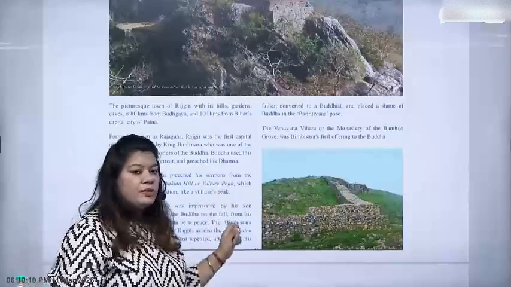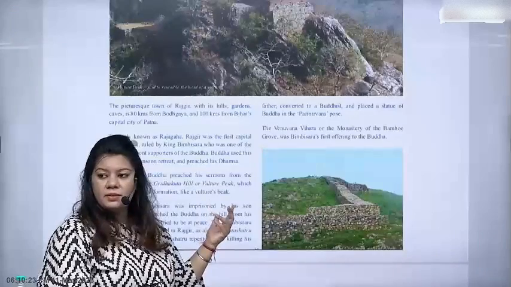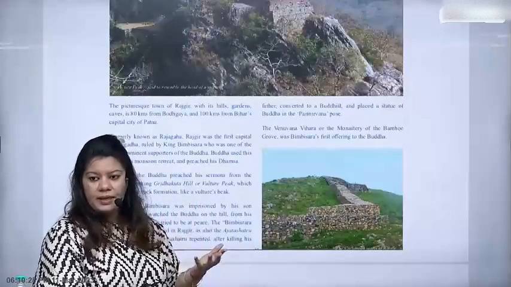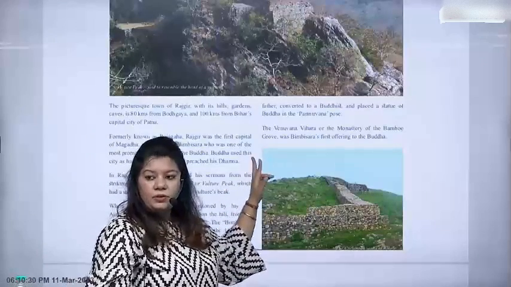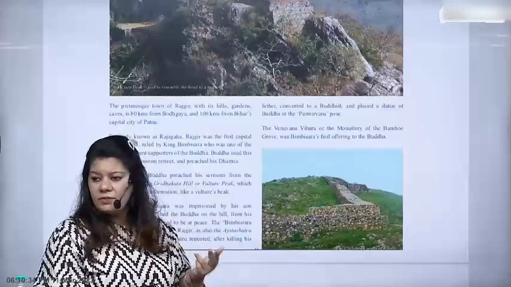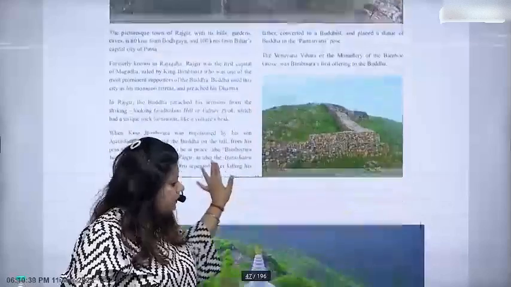So if a question comes in pair format, that Venuvan Vihar is, and then the opposite city or state given will be something else. So you should remember that Venuvan Vihar has a historical significance because it was Bimbisar's first offering to Buddha, right? And it is in Rajgir.